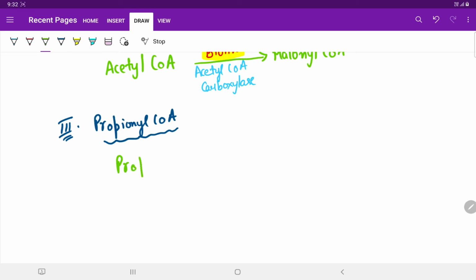See here, the propionyl coenzyme A is converted to form methylmalonyl coenzyme A. This all occurs in the presence of biotin and carboxylase enzyme.